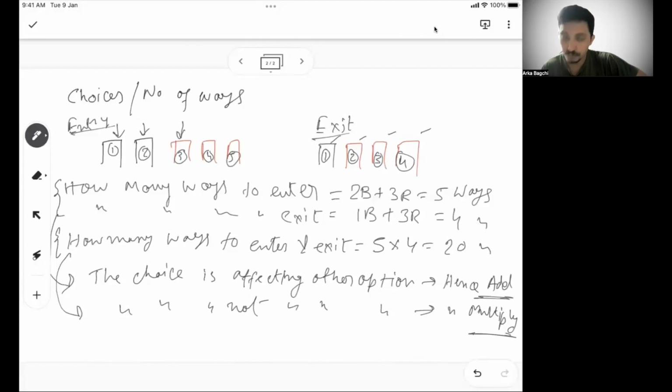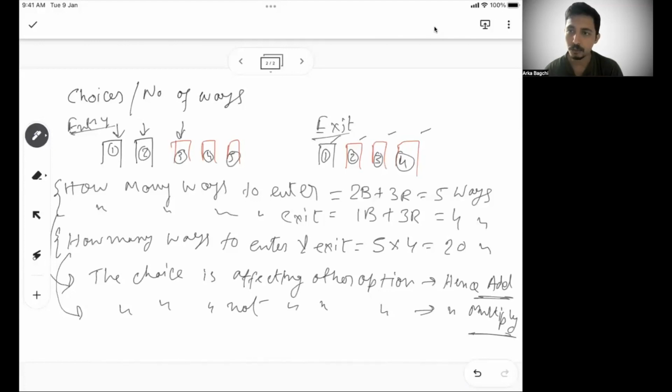So this is the most important part of your permutation combination, to know when to add and when to multiply. When your option that you are choosing is impacting the other available options, then you add. When the option you are choosing is not impacting the other available options, you multiply.